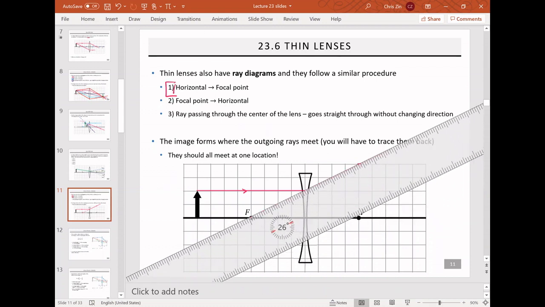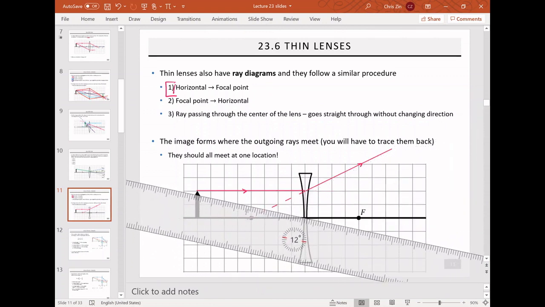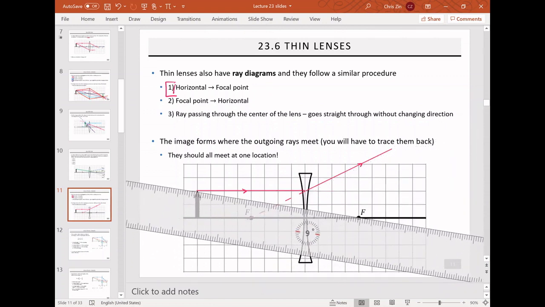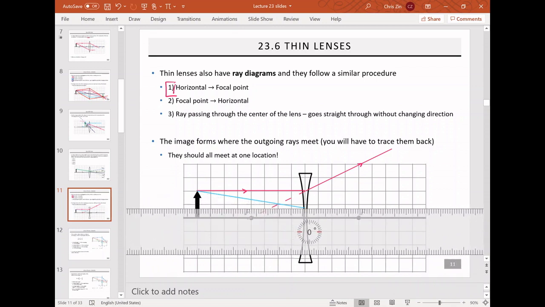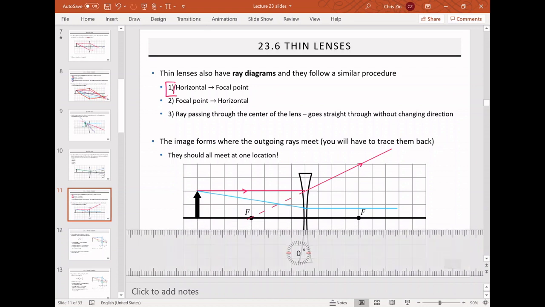The second easy to draw ray starts at the candle. It starts going toward the focal point on the right side of the lens. When it refracts in the lens, it refracts away from the center. And this one will refract so that it goes horizontal.